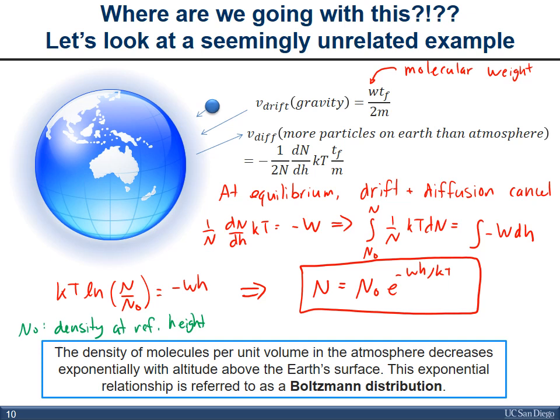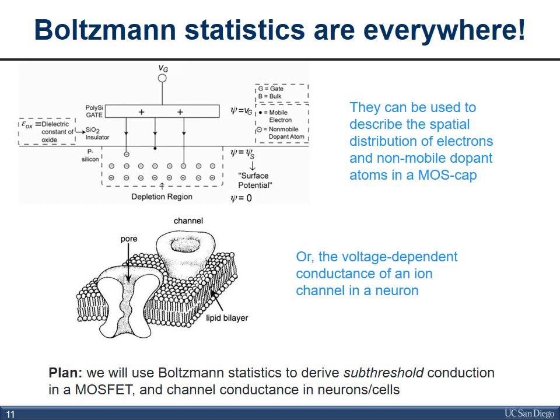This is an exponential relationship, which of course means that the density is much stronger at the surface of the Earth than away from the Earth. And this is an important exponential distribution that we refer to as a Boltzmann distribution. It turns out that Boltzmann distributions are found everywhere.